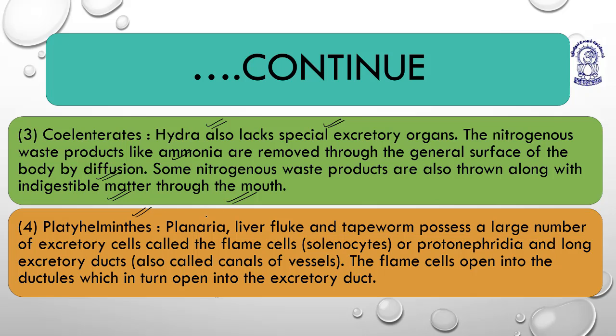Platyhelminthes like planaria, liver fluke, and tapeworm possess a large number of excretory cells called flame cells or solenocytes or protonephridia, and long excretory ducts, also known as canals of vessels.